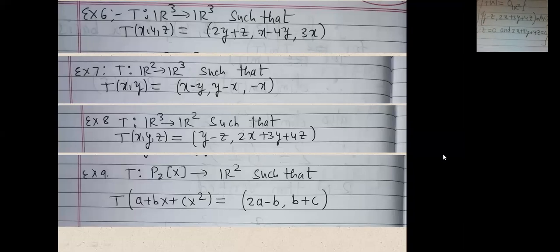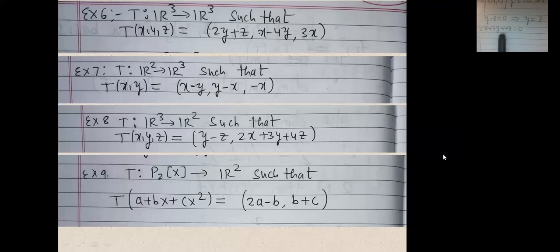Solving this system, y minus z equal to 0 means y equal to z.